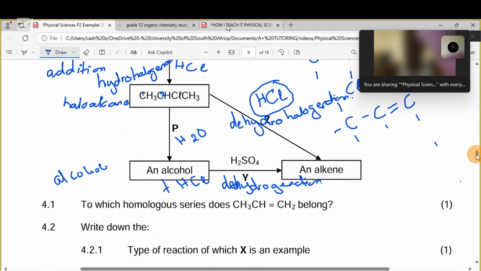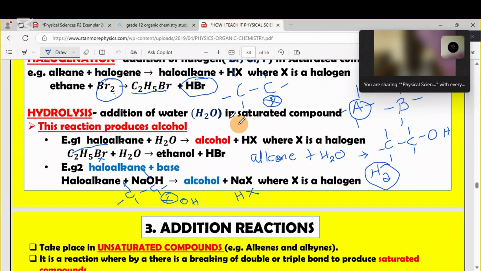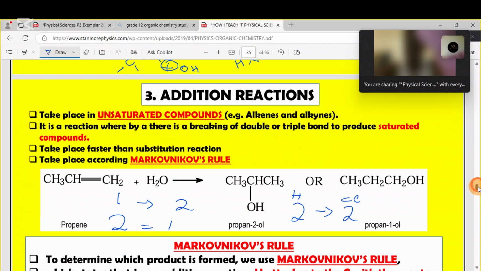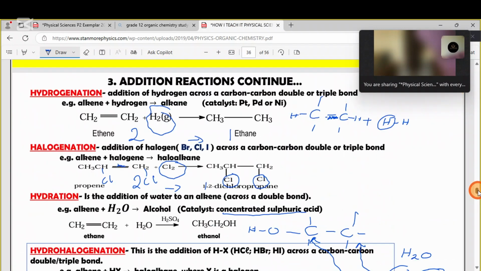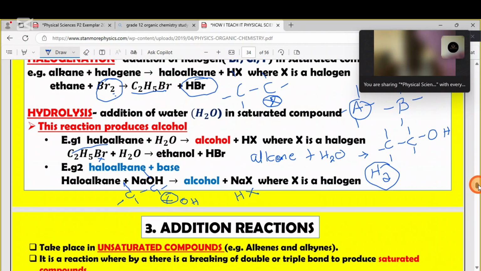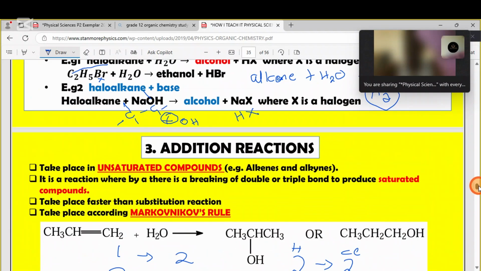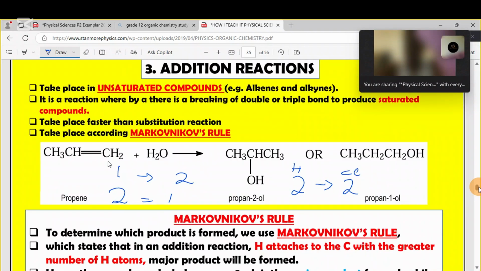Let me go back to the notes. If we had heat, you'd have a triangle underneath, but here they didn't put it. This one is half structural in a way, so there you would want the full structural formula where you literally draw everything, and then you have the arrow.